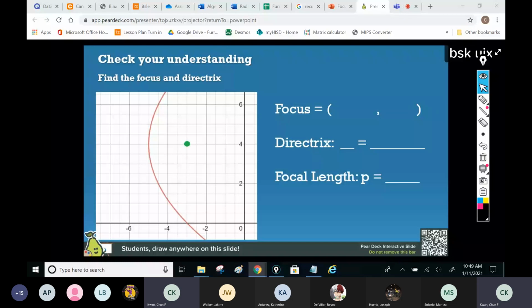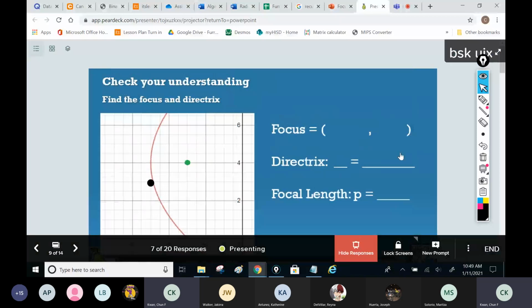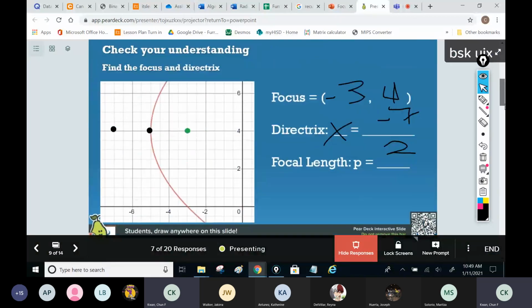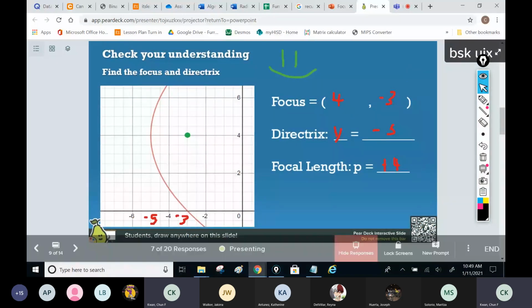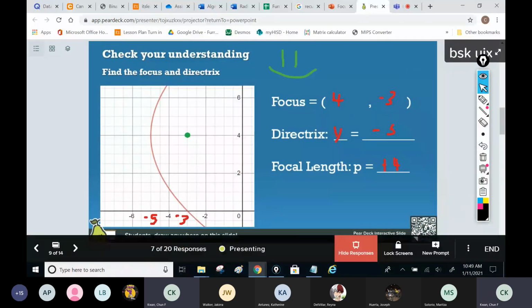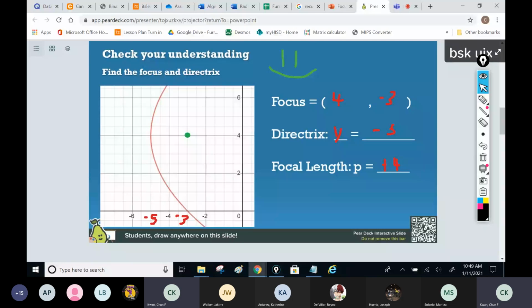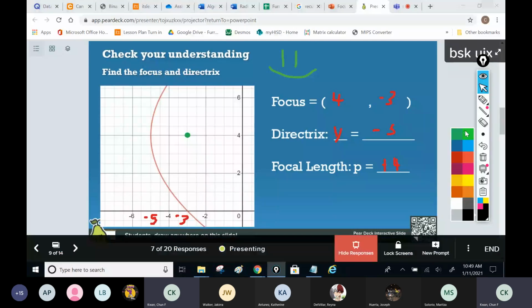All right, the green smiling face, I want you to look right here. Let me find your work. Watch very carefully. The focus I'm giving you, this is the focus.